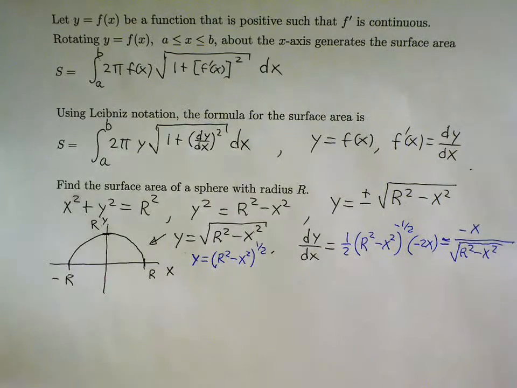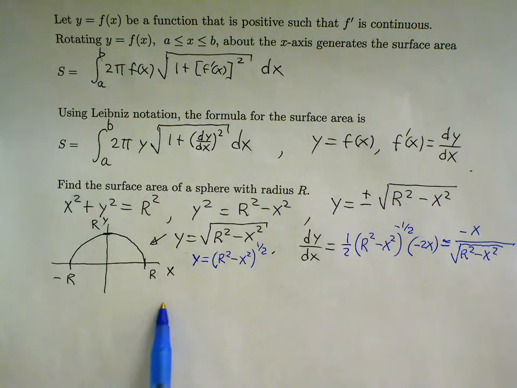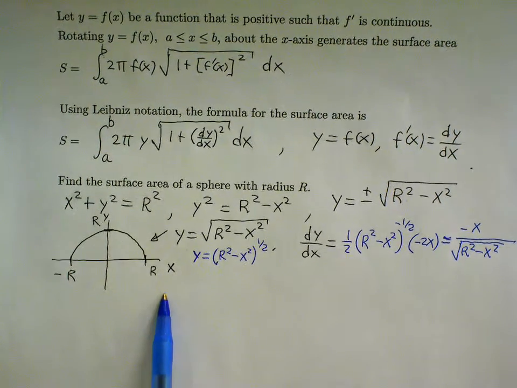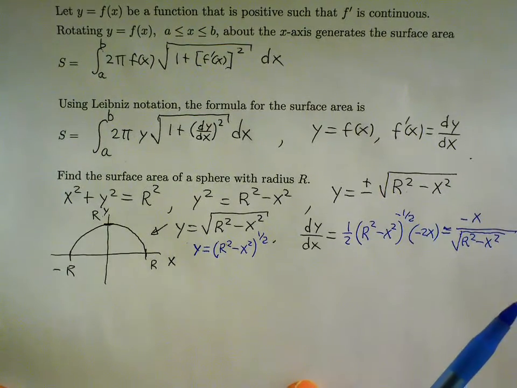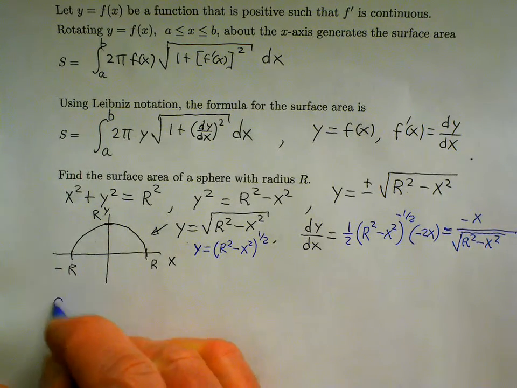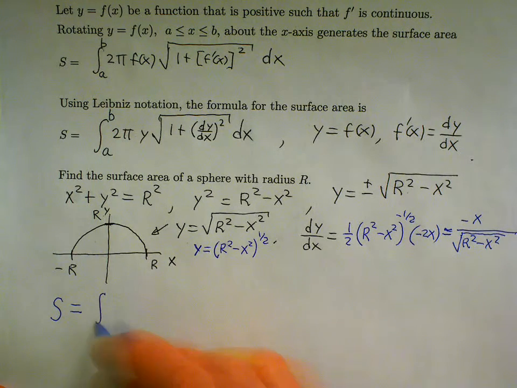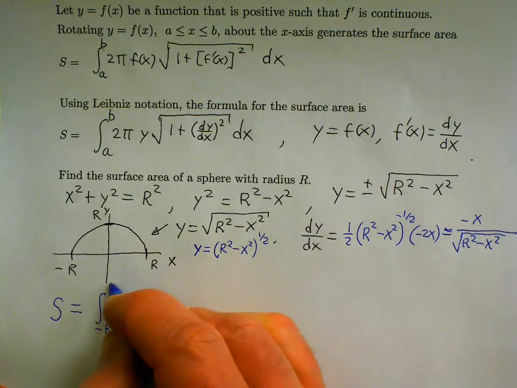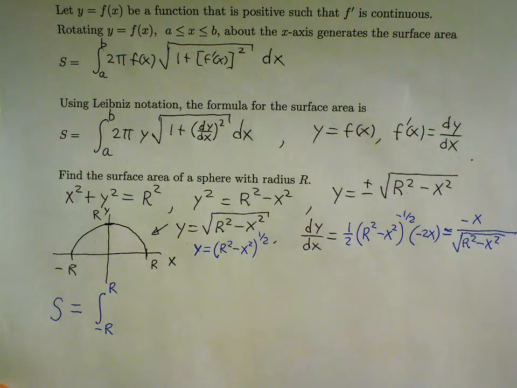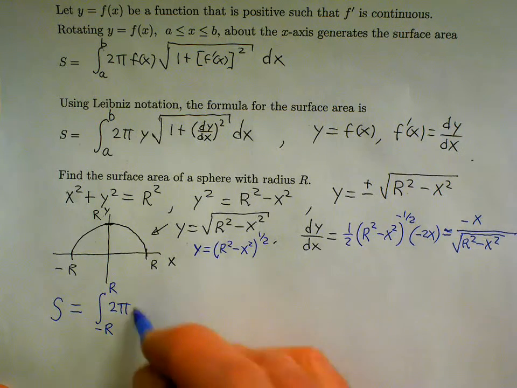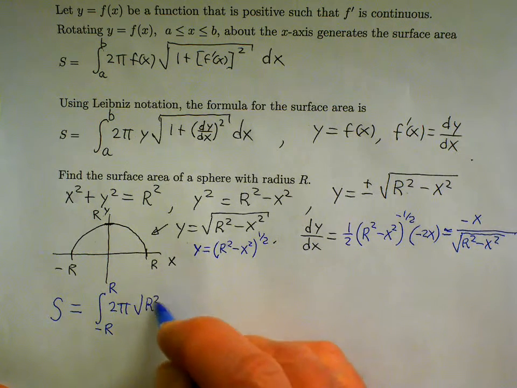Okay, now we can start working on the formula for the surface area of the sphere. So we have S equals the definite integral from negative r to positive r, 2 pi times y. Y is the square root of r squared minus x squared.